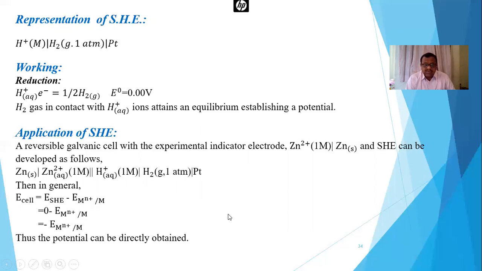Now, the applications of the standard hydrogen electrode.